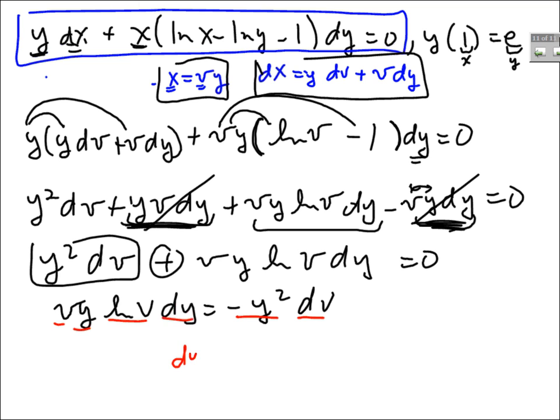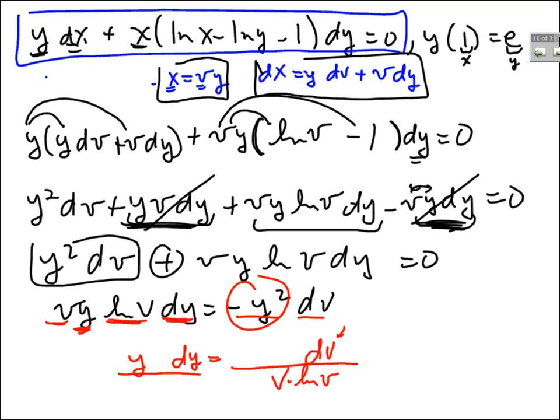So I'm just going to keep the dy and the dv's right where they are. The v, I'm going to cross the division line, put it in the bottom, so I want it on the side that has v. The y, it can stay right where it is. The ln of v is on the wrong side. It's in the numerator, so I cross the division line and I put it in the denominator. The dy is perfect. The negative y squared, I can leave the negative if I want, but I won't. I'll bring down the whole negative y squared.